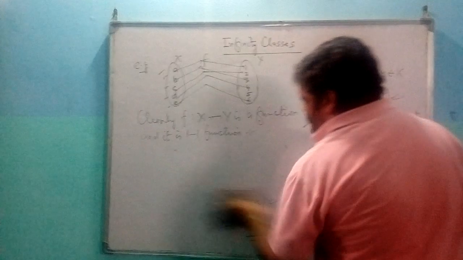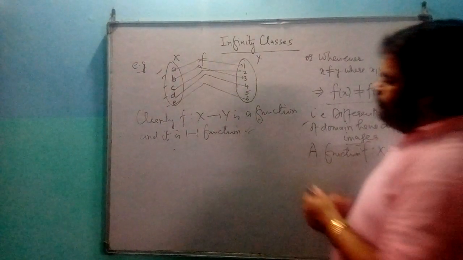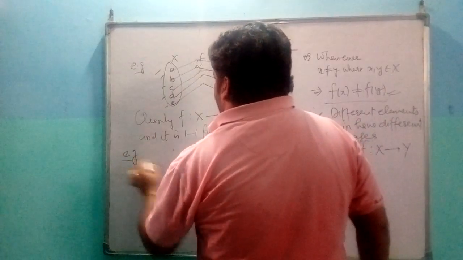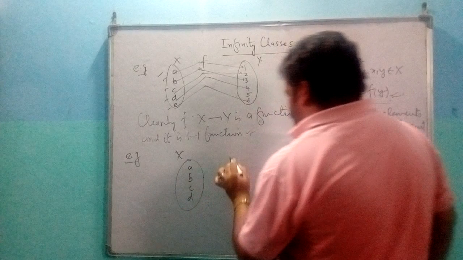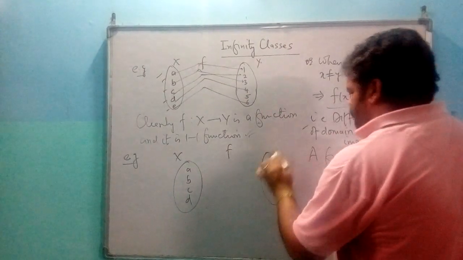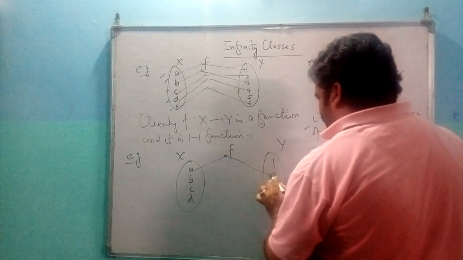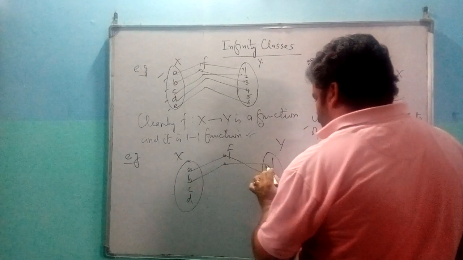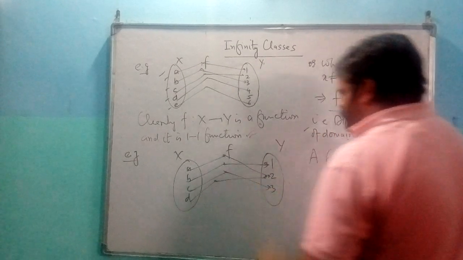Another example. a via f goes to 2, b goes to 1, c goes to 3, d goes to 2.